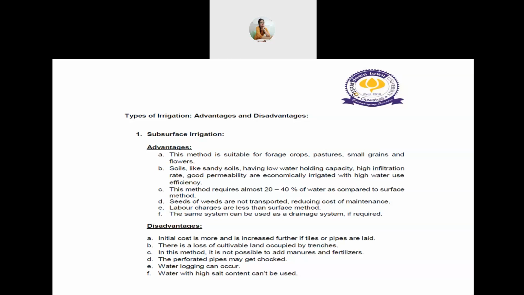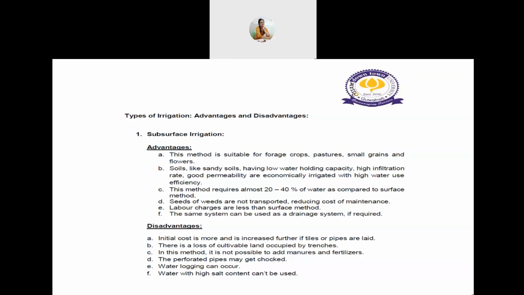C. This method requires almost 20 to 40% of water as compared to surface method. D. Seeds of weeds are not transported, reducing cost of maintenance. E. Labor charges are less than surface method. F. The same system can be used as a drainage system if required.